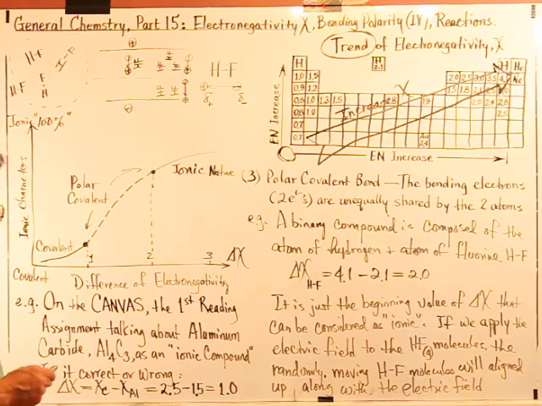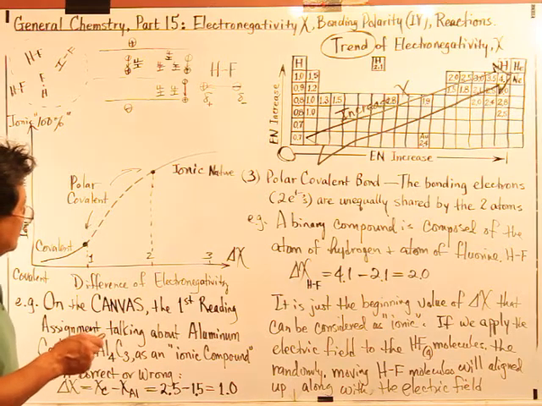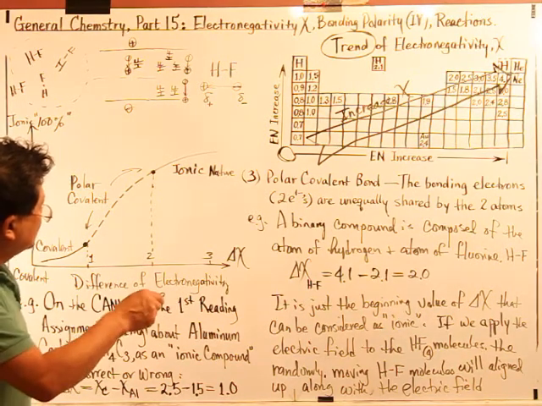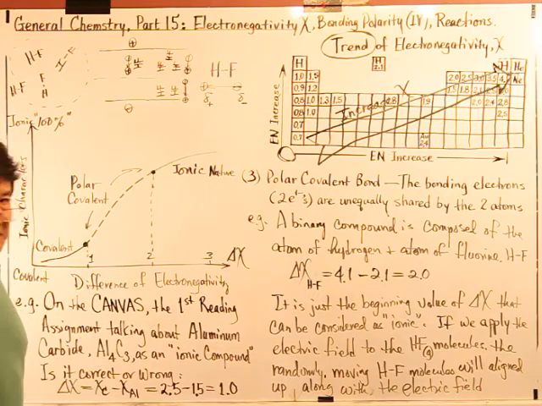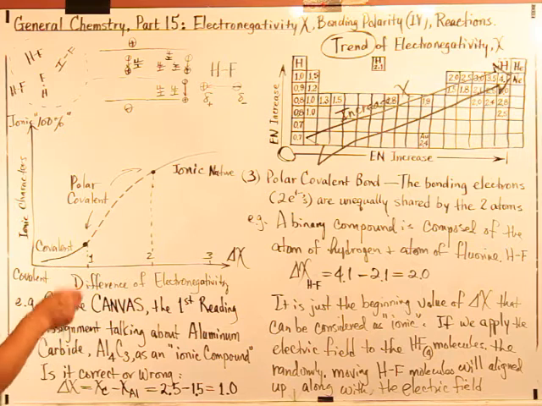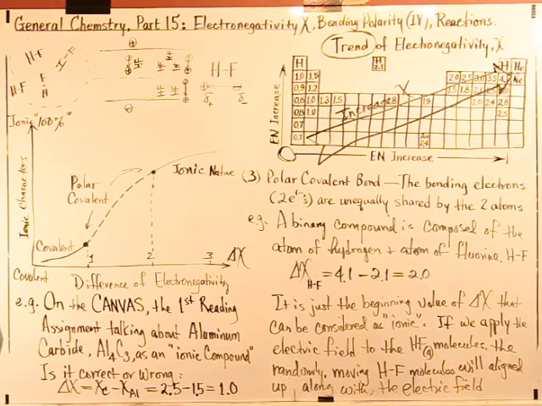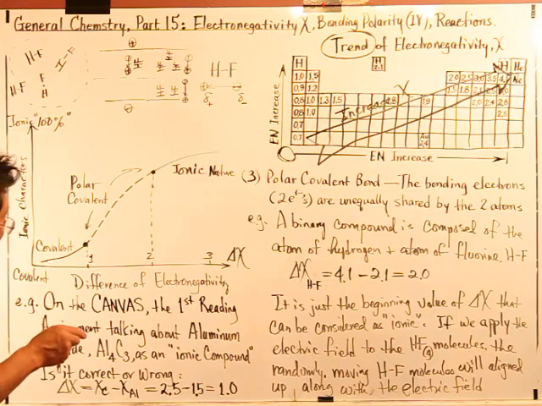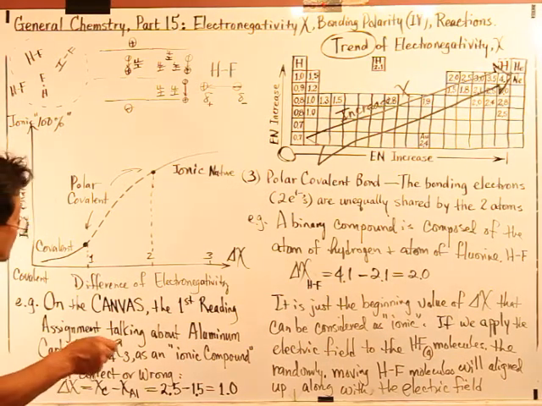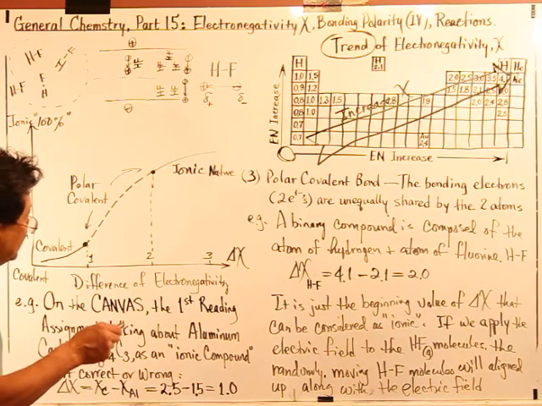But anyway, these two elements are in positions in the periodic table right next to each other, so the electronegativity values between them are very close. Carbon is 2.5 and aluminum is 1.5.